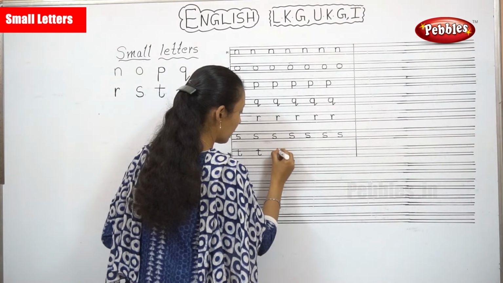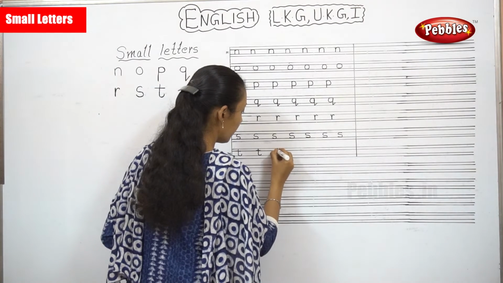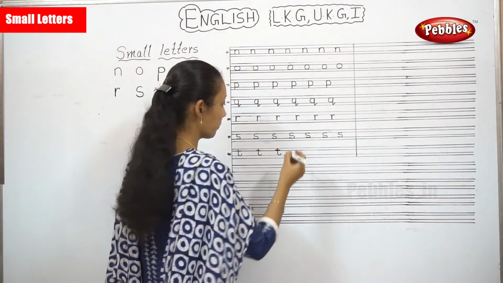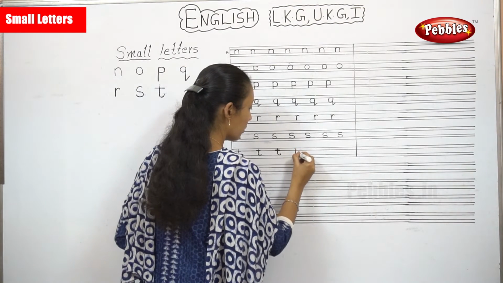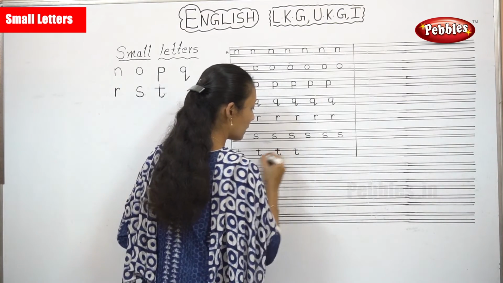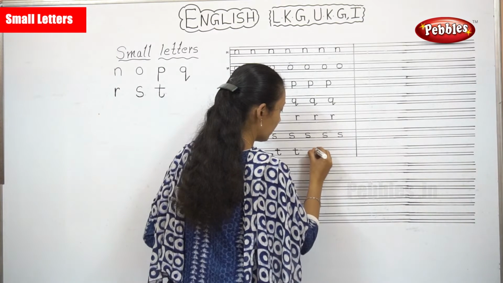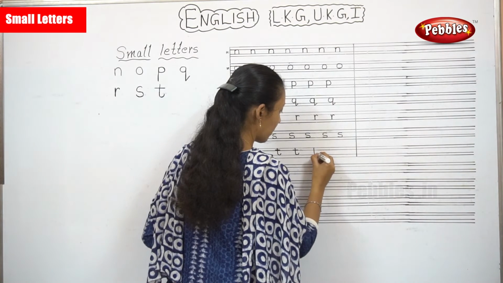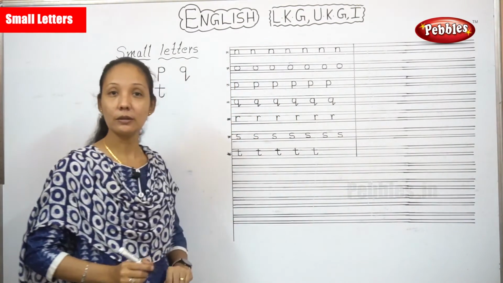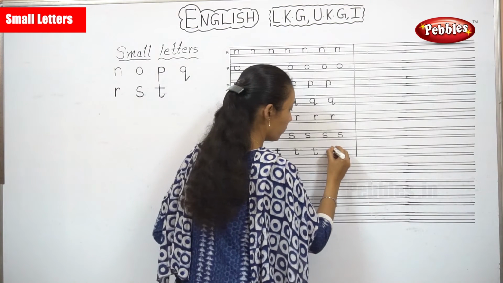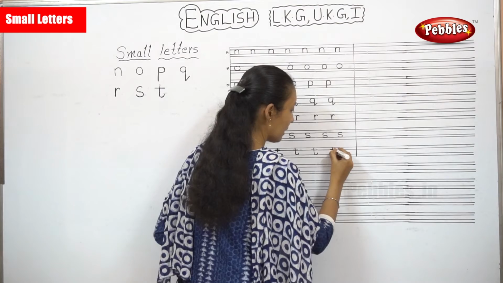First line, come down, touch the third line, a small curve, small letter T. Again first line, come down, a curve, small letter T. Touch the first line, come down, a small curve and a sleeping line, small letter T. So once more, you touch the third line, a small curve and a sleeping line.